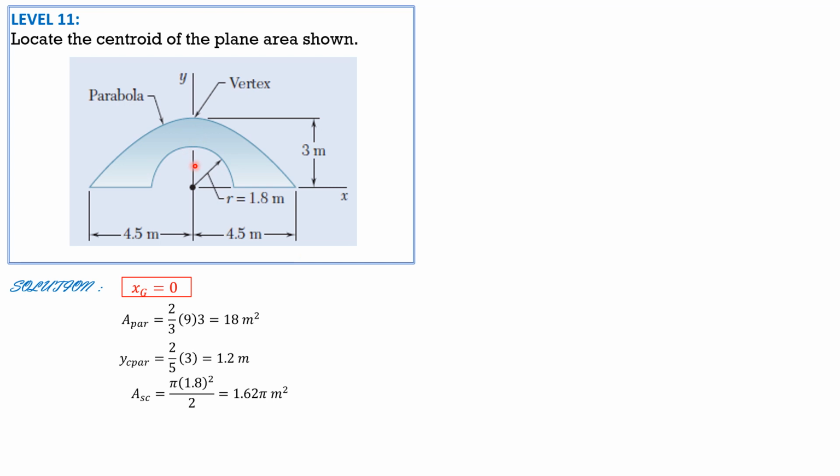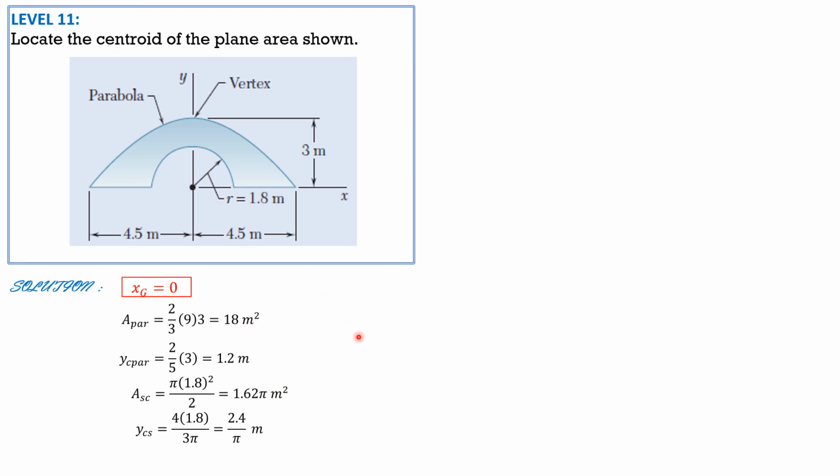Then y sub c of the semicircle is 4r over 3 pi, 4 times 1.8 over 3 pi, and it is 2.4 over pi.